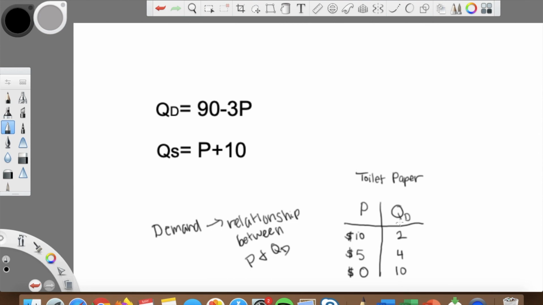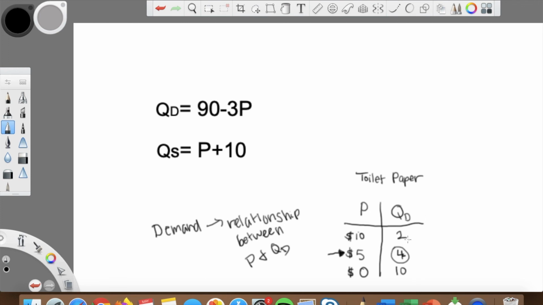All right. This is the mistake my students make. When the price of toilet paper is $5, my students want to say the demand for toilet paper is 4. That's wrong. When the price is $5, we say the quantity demanded is 4.